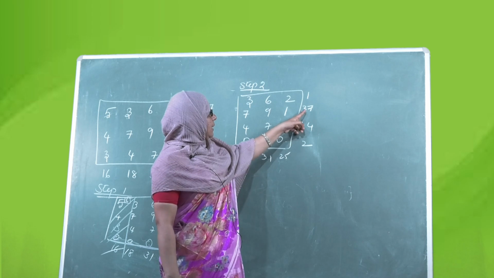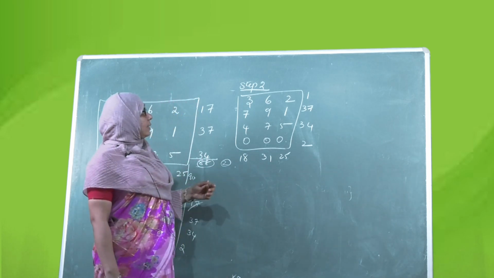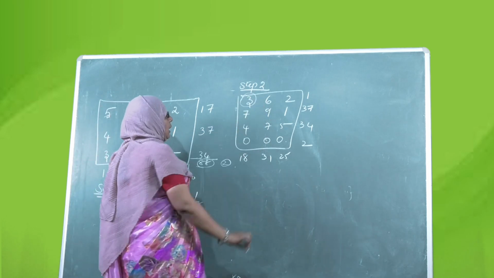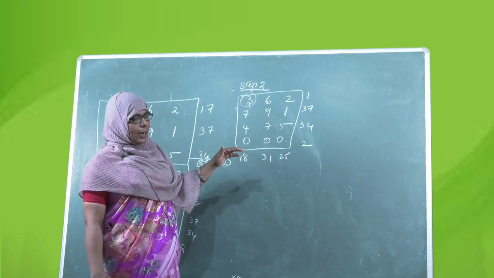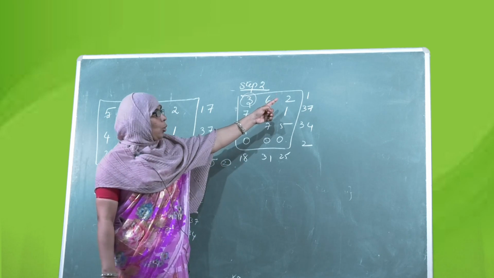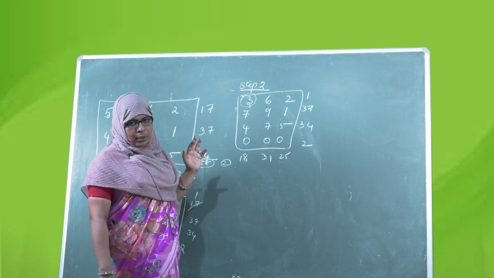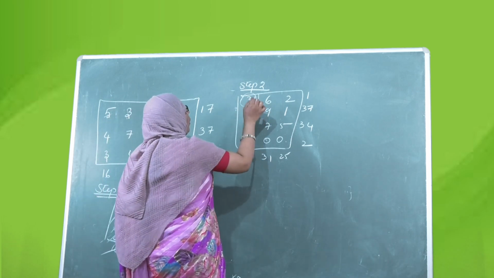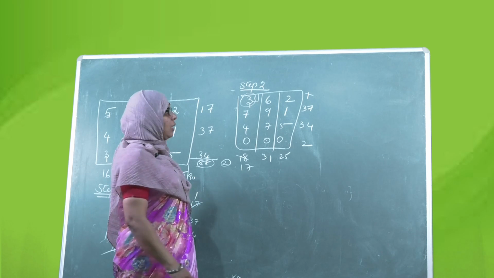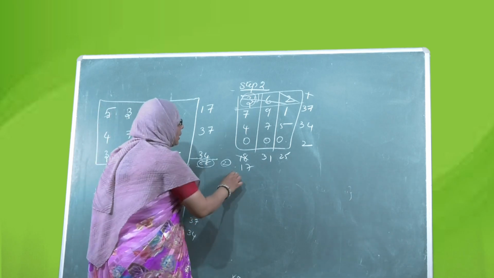So 74, and 1, 37, 34, 2 also totals 74. What is the northwest element in step 2? The northwest element is 3. What is the row element? 1, and the column element is 18. Which one is minimum? Obviously 1 is the minimum element. So you have to allocate 1 and subtract the minimum from the maximum. So we are getting 17. So 1 is vanished, the first row completely vanishes. So you move on to step 3.